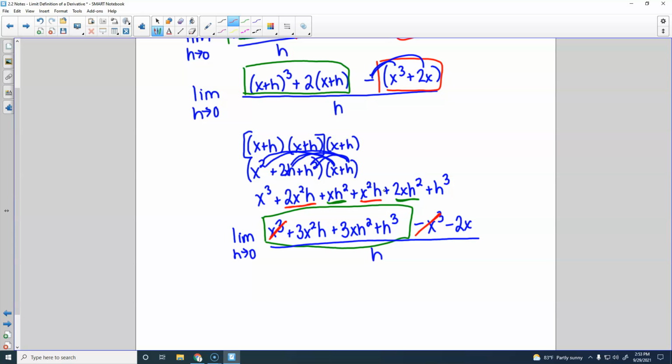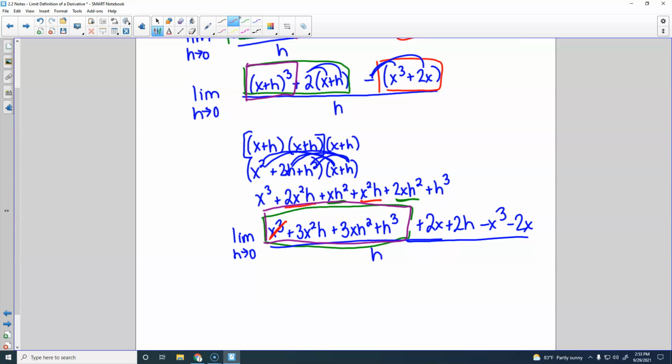I have forgotten something. This I circled in green was actually just this part. You can see how bad these are whenever you got x to the third. So I needed to distribute that 2 and get plus 2x plus 2h, and then the minus x to the third minus 2x.